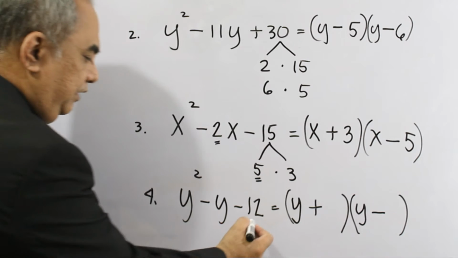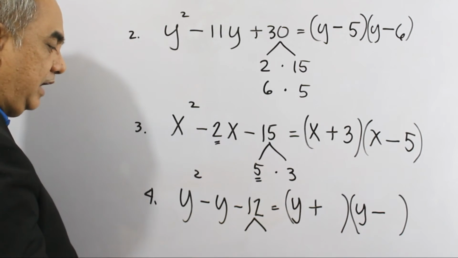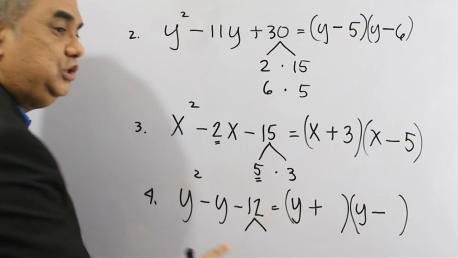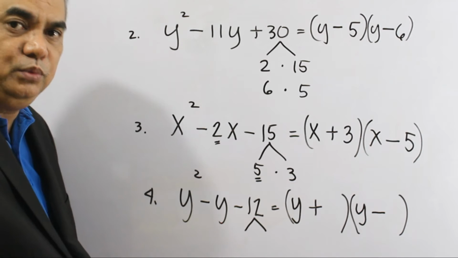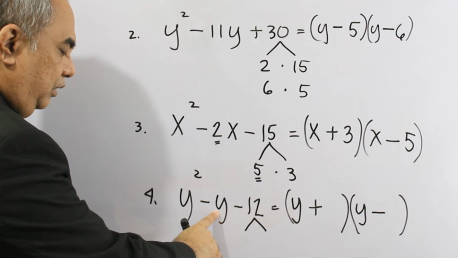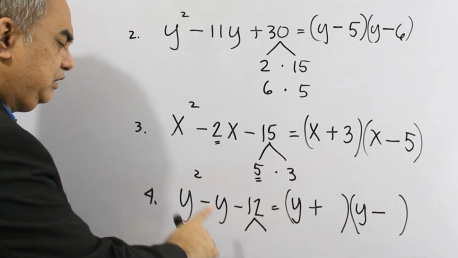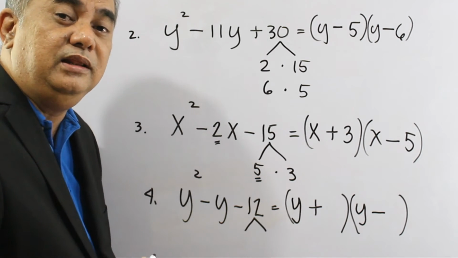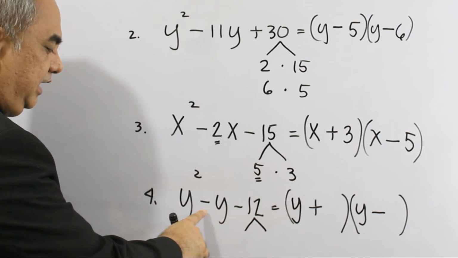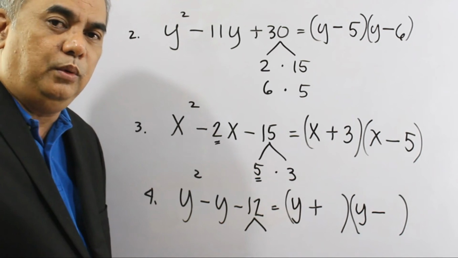Now, again, we find the factor of 12. Okay, this time, the difference of these two factors should be equal to 1. But where did I get the number 1? As you can see, the middle term, the only term here is negative y. This negative y has a hidden numerical coefficient equal to 1. It's just like this is negative 1y. But we don't write the 1 anymore.